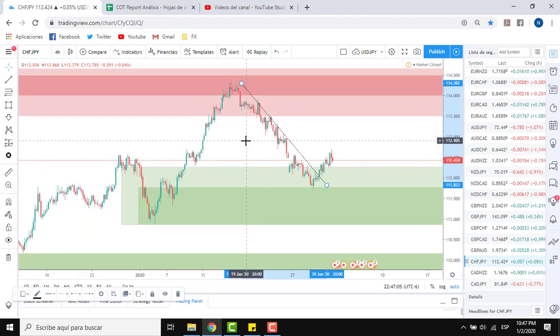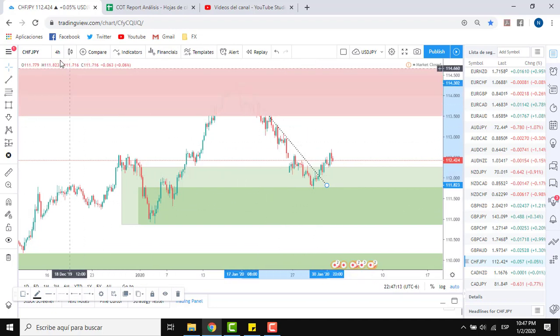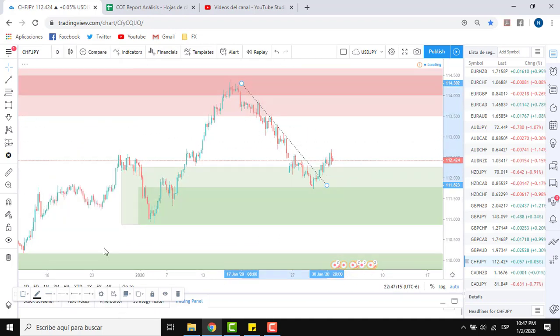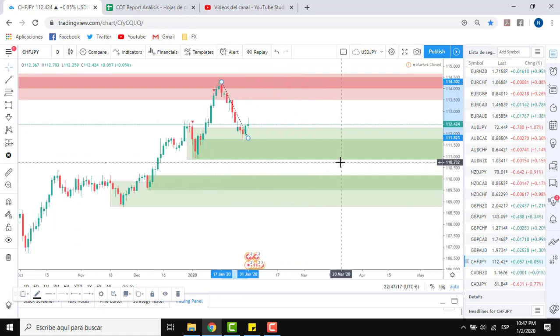Then start buying. What I do is I like to buy pretty much at the extreme of the zone, because that's a much better price for me. The cheaper I buy, the better. Sometimes the price will not get to the extreme of the zone, but in case it does, I'll place my buy.